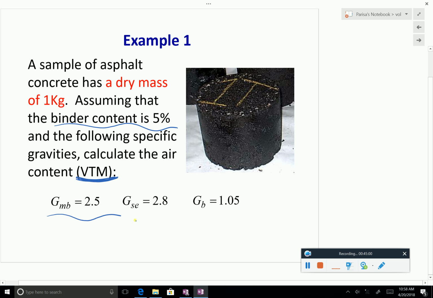And the other parameters are also given. So G sub b is the specific gravity of the binder. So it's just the mass of the binder over its volume.